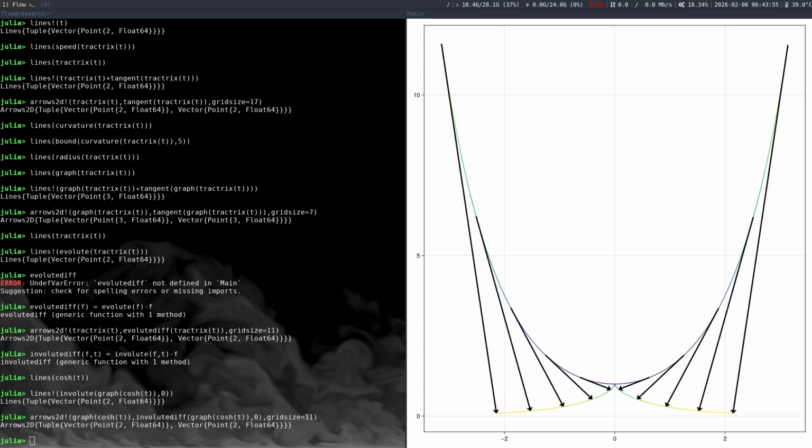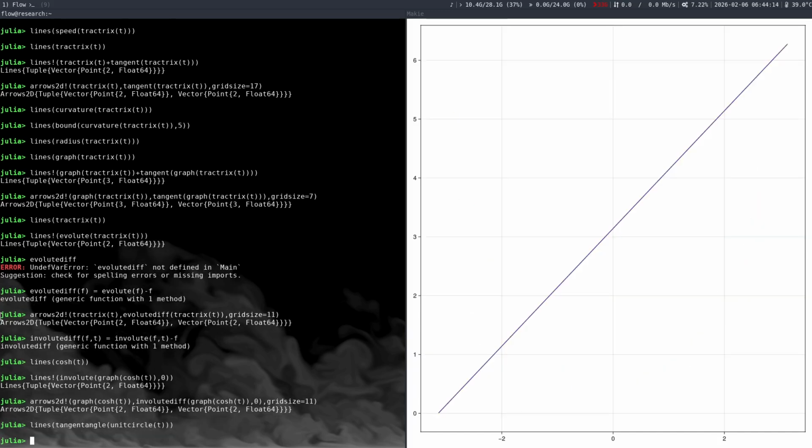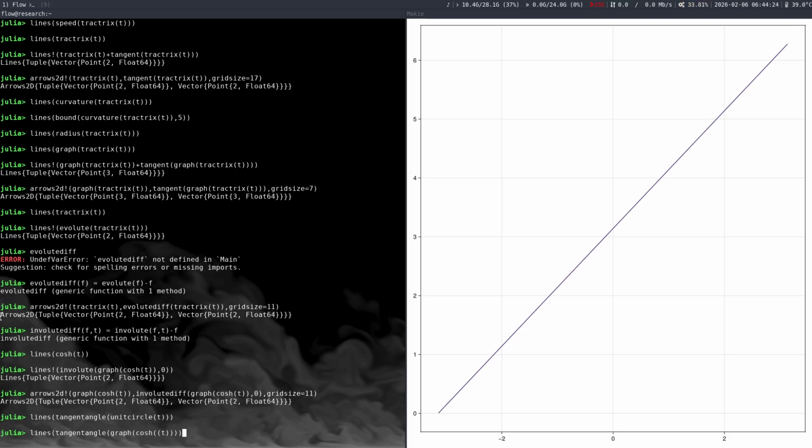And another thing you can do is take the tangent angle of a curve. So that's for a unit circle, but you can do the same thing for different functions.